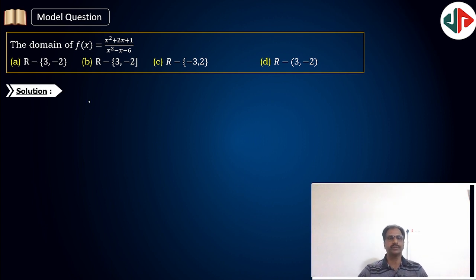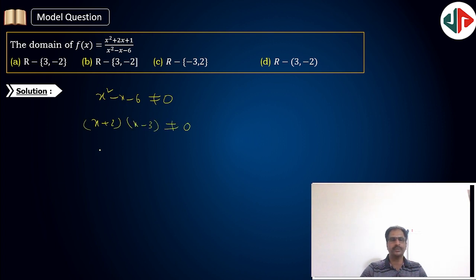Next, domain of the function. What is the definition of domain? It is a set of values of x where the function is defined. Given function is defined when denominator is not equal to 0. So given function will be defined when this is not equal to 0, and if you write factors for this, you will get x plus 2 into x minus 3.